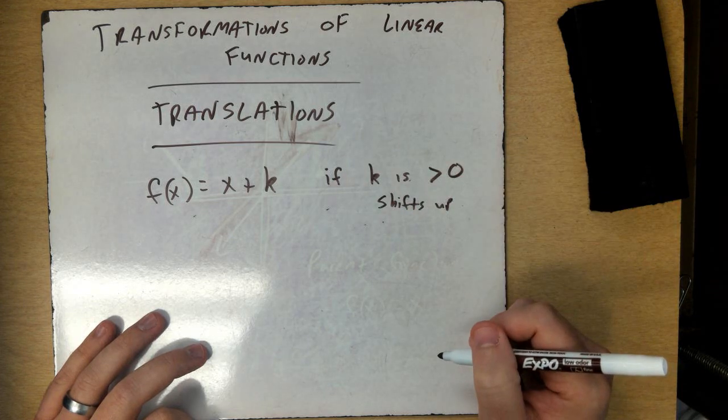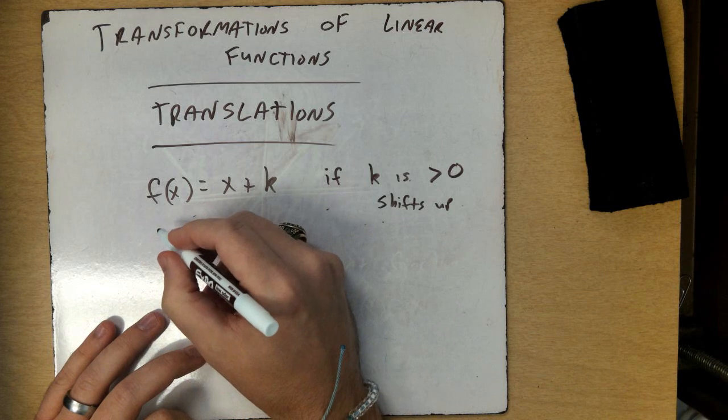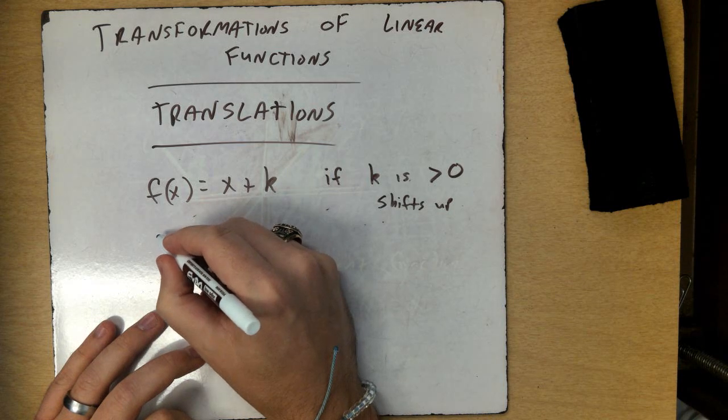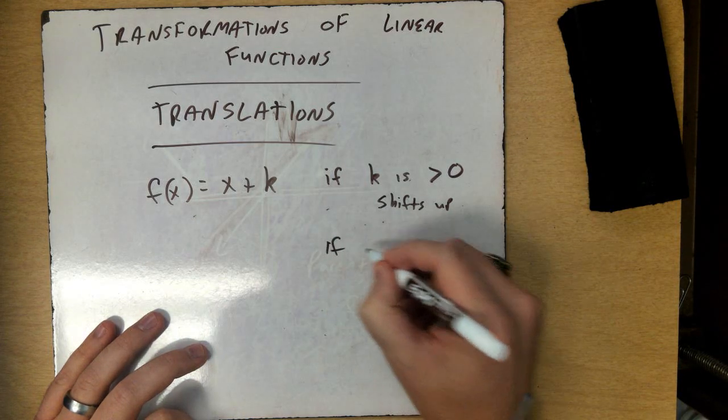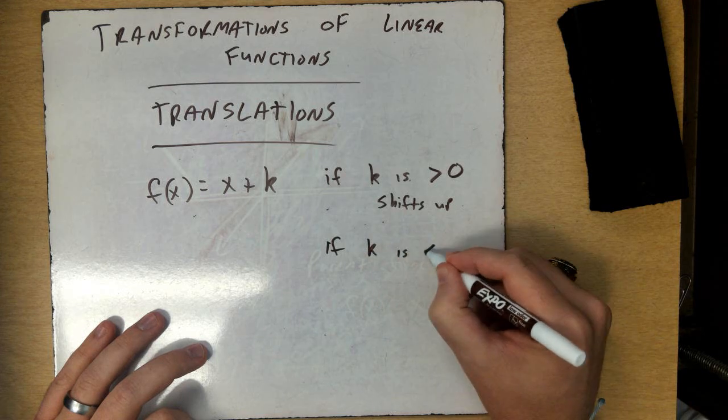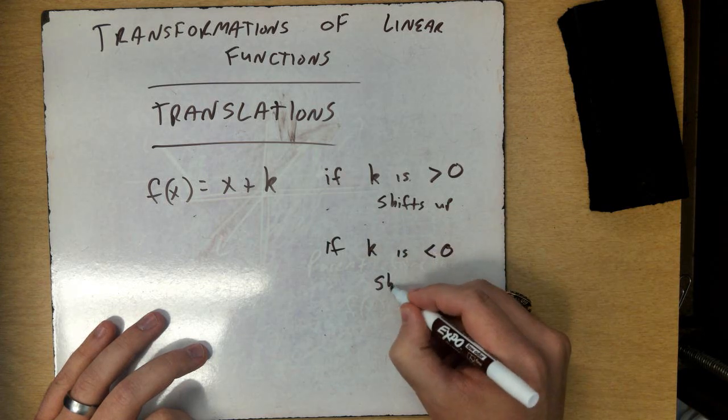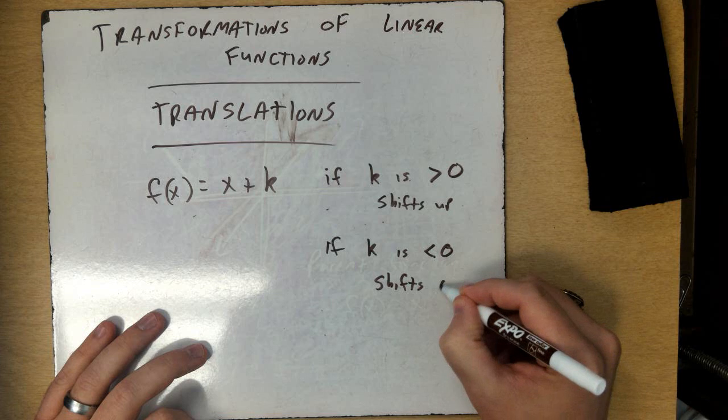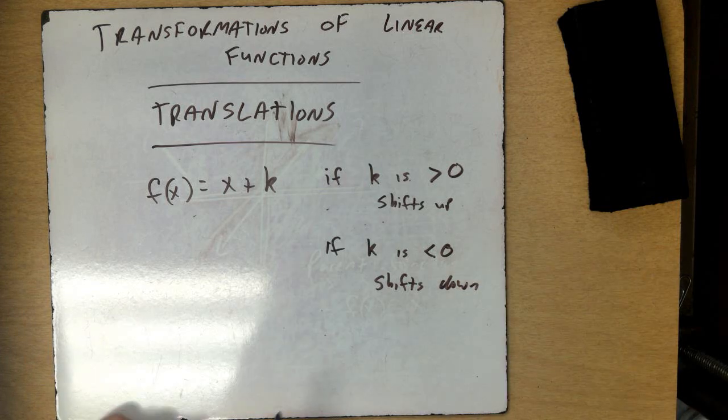Okay. If k is less than 0, it shifts down. Okay. I'll show you how that is in a second. Okay. So that's basically what we're looking for.